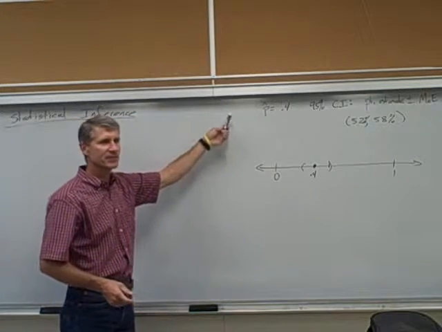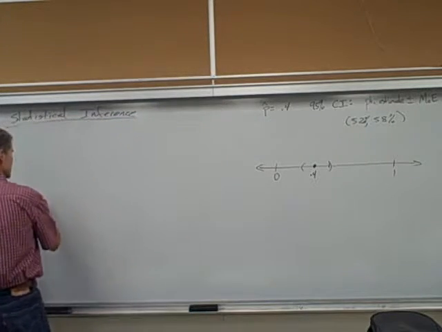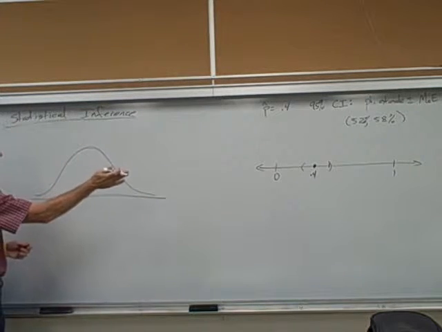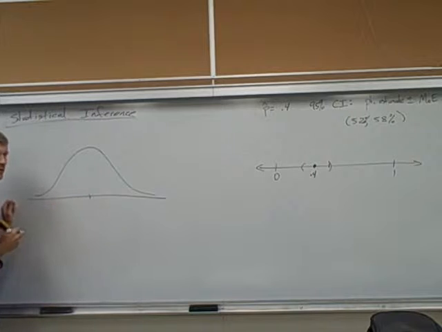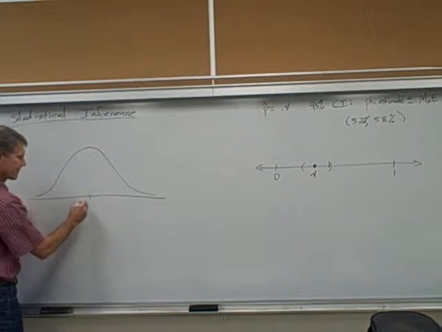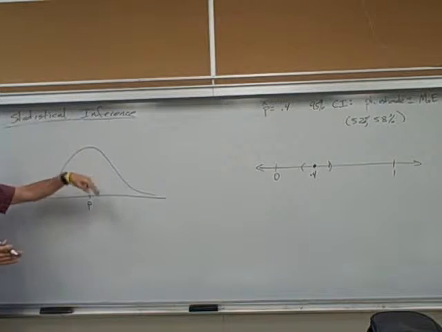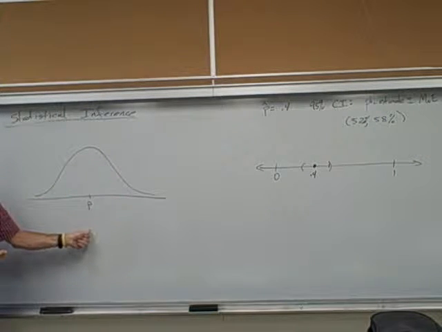Whether it's p hats or x bars, I know by the central limit theorem that I got a nice normal distribution. Since I'm doing proportions, where is that going to be centered? P. Now I don't know what P is, because that's why I did the sampling. I'm trying to estimate P. But whatever P is, I know my sampling distribution is going to be centered at that P.